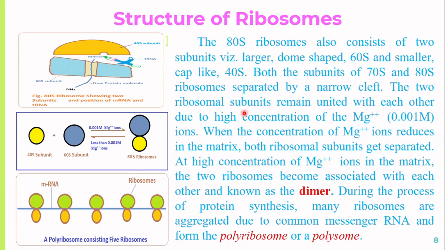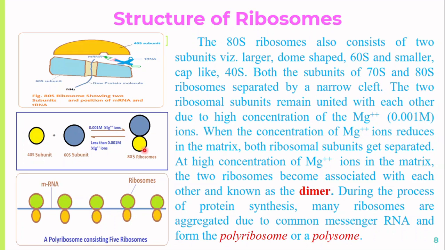The two ribosomal subunits remain united with each other due to a high concentration of Mg++, that is 0.001 molar ions, as we have discussed in the earlier slide. Here you can see both these units remain together when the molar concentration of magnesium ions is higher than 0.001 molar.